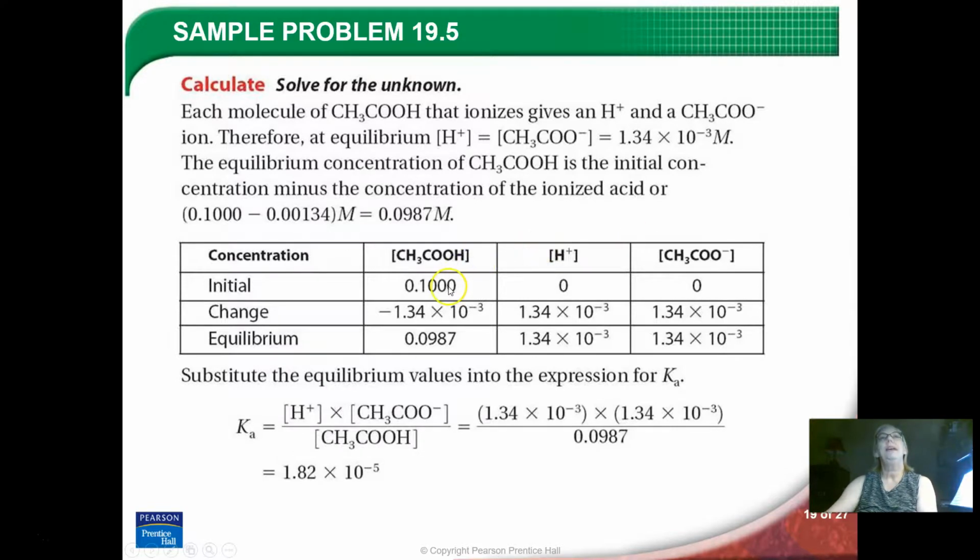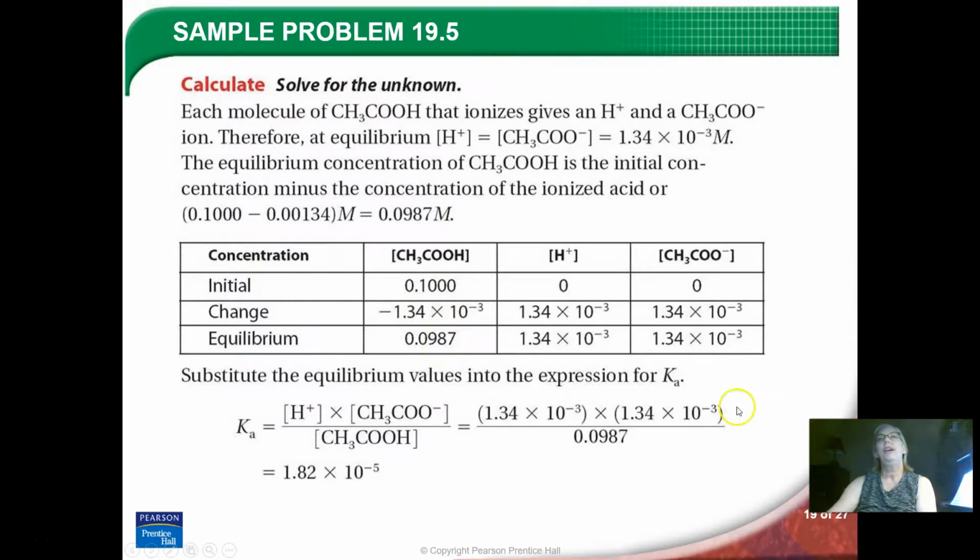Initially I made this molarity of this molecule, and I had none of these things in the container. It dissociated, and I formed this much H+, which is equal to that much anion, and I removed this much of the reactant. So I'm going to have to subtract these two to get the equilibrium concentration.